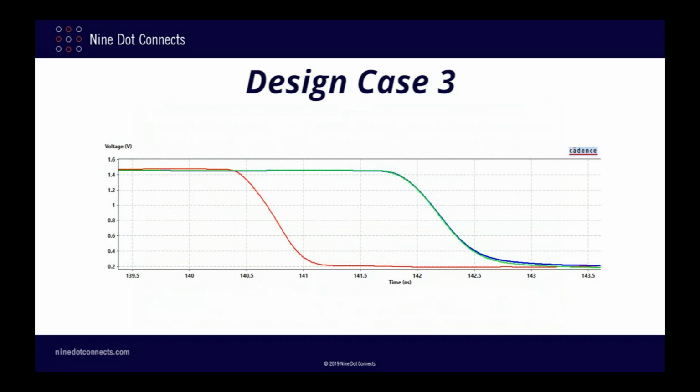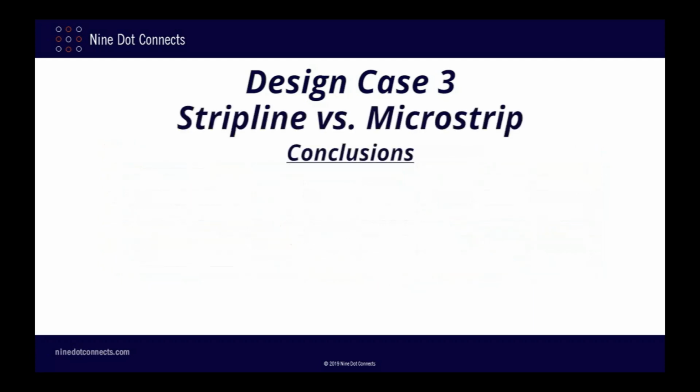When we look at the results in the time domain simulation, we see that there really isn't any appreciable difference in the signal delay. This is shown by the almost exactly overlapping green and blue lines here, representing both strip line routing paradigms. So in conclusion, what have we learned from these design cases?